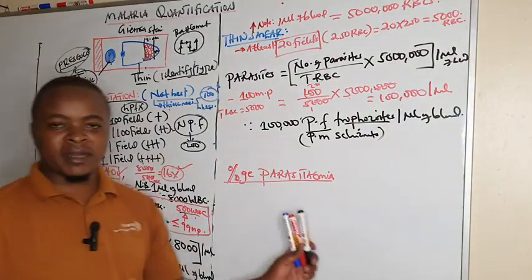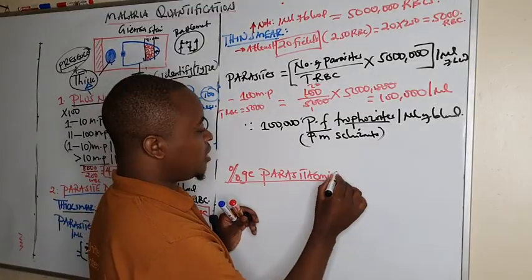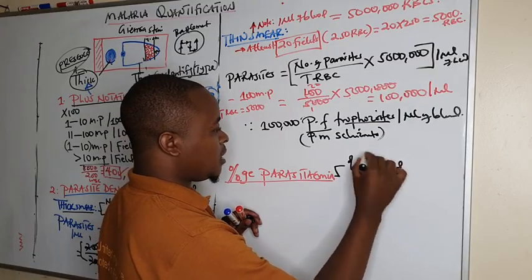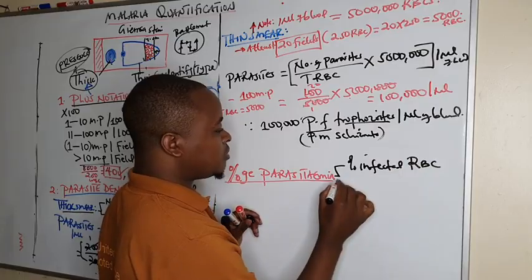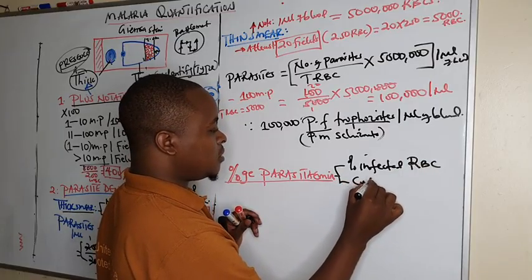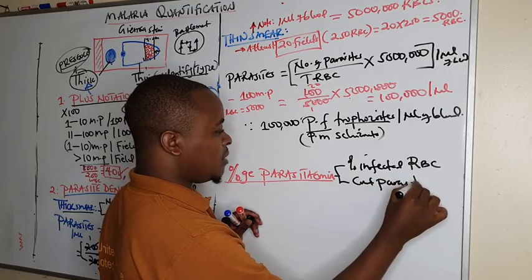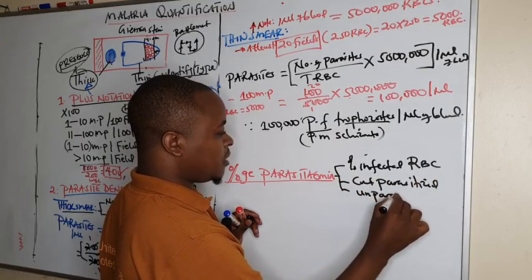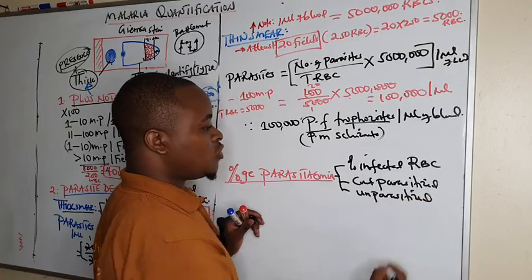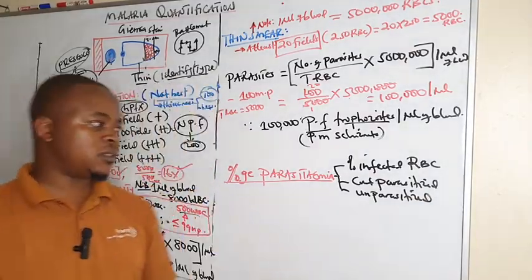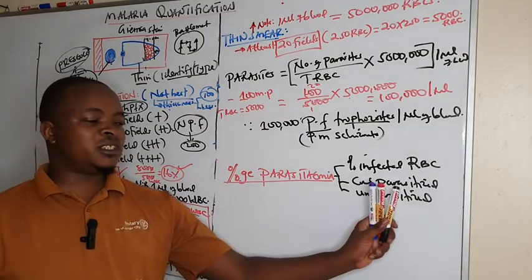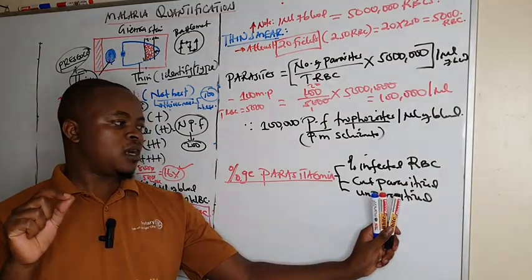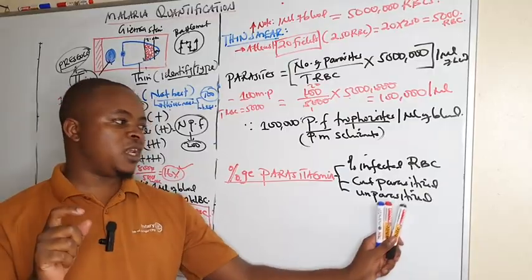Lastly is the percentage parasitemia, where we are looking at the percentage of infected RBCs. So what we do, we count the parasitized RBCs vis-a-vis the unparasitized, those without the parasite. You can use a tally counter, or a tally sheet, whereby you count the red blood cells with the parasite, and also those without a parasite, then you get a total.